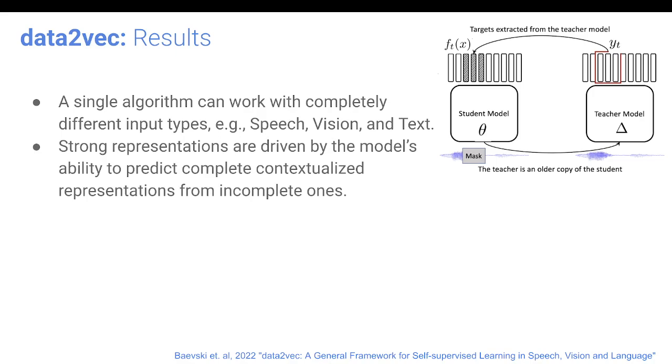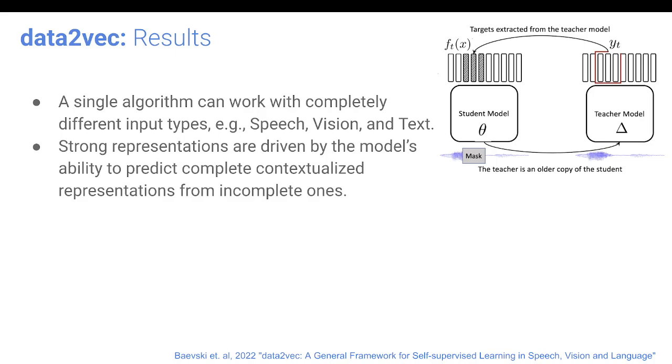The philosophy of the model here is that you need the student model to be able to predict the complete contextual representation from incomplete inputs.